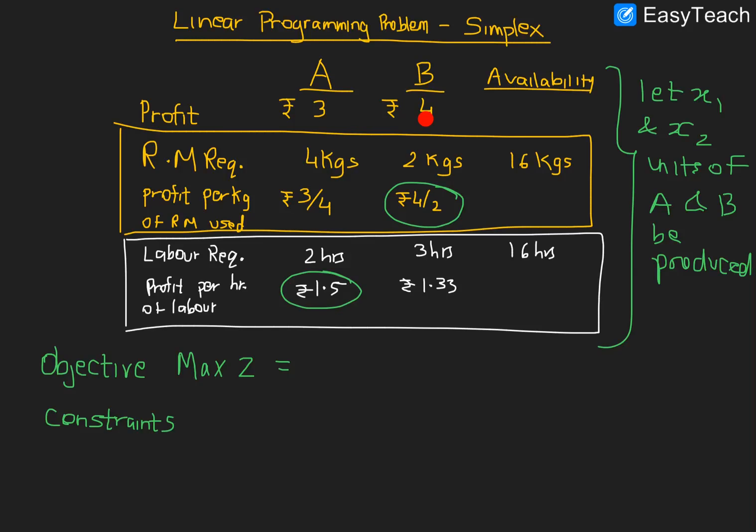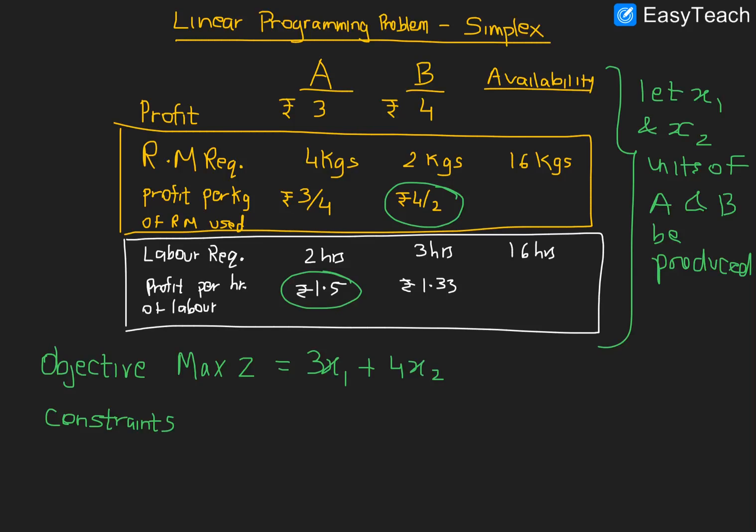And the total profit is a combination of both. So for 1 unit of A, I'm getting 3 rupees. If I'm going to produce x1 units of A, obviously my profit is 3x1 plus the profit from B. Profit from B is going to be 4x2.